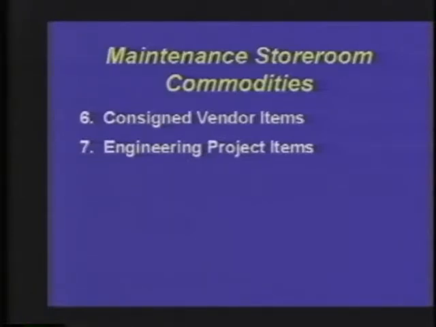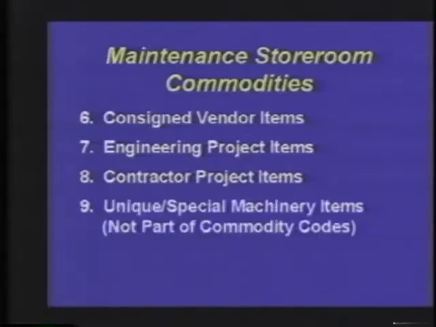Now, those items are generally owned by the company. But 8, the contractor items, are owned by the contractor, but we have, again, a financial legal responsibility for loss. So here again, we would want to make certain that we are financially covered by an insurance carrier. Now, item 9 would be unique, special machinery items that are not part of a family.